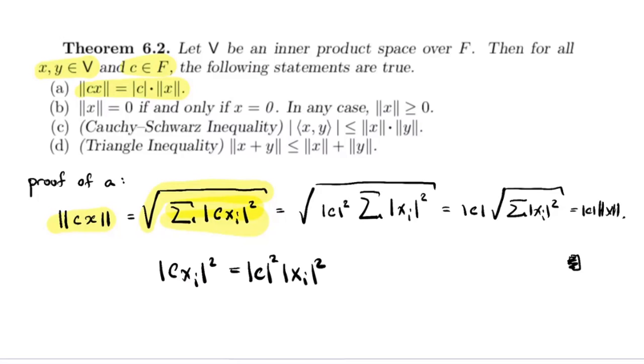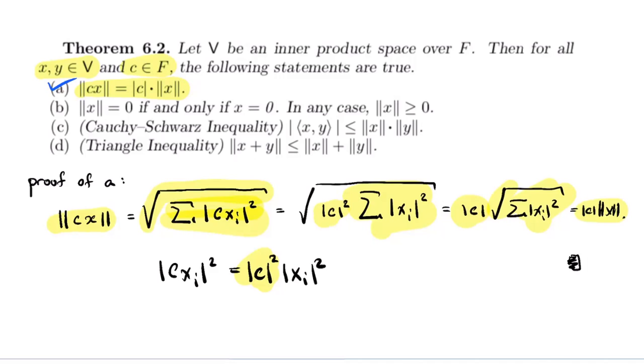That's the usual properties of absolute values of complex numbers. Since that |C| squared is in every term of the sum, I can factor it out. The square root of a product is the product of the square roots. When you take the square root of the square of a non-negative number, you just get it. And then you have the square root of that sum, which is just the norm of x. So that proves part A.